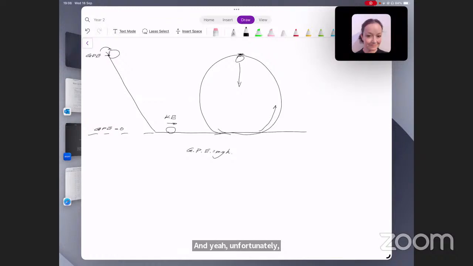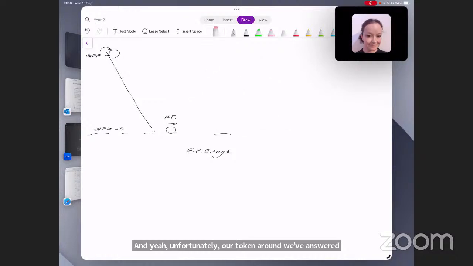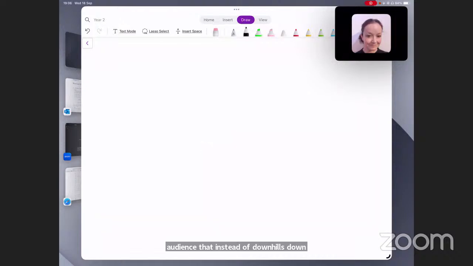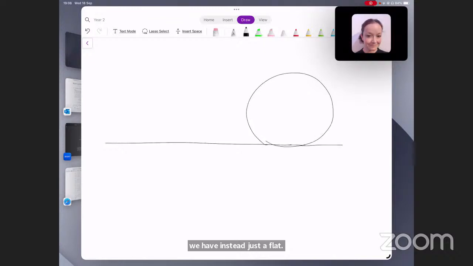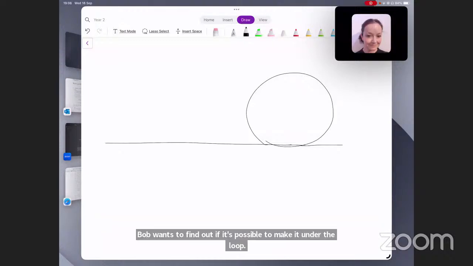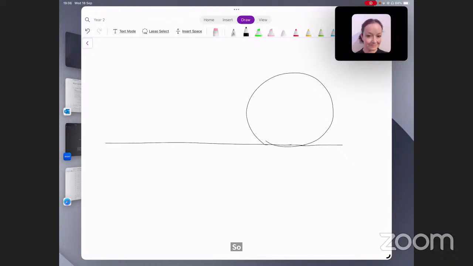Bob wants to find out, I won't read the question to save time, but the idea is that instead of a downwards ramp, we have just a flat lead up to the loop. And Bob wants to find out if it's possible to make it around the loop. This is again concerned with circular motion.